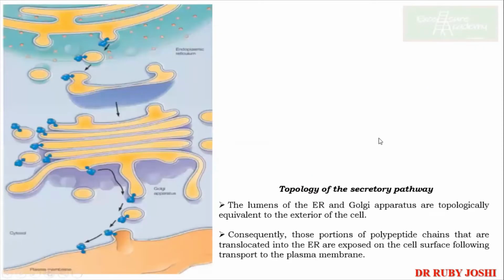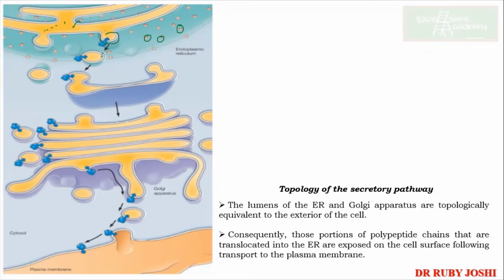Now this is just the topology, what we discussed yesterday. Let us summarize what we talked about yesterday. Here you can see this is your ER and you have the embedded ribosomes. Once these embedded ribosomes are there, the protein goes inside the lumen. By the time this is happening, it actually forms your vesicle.